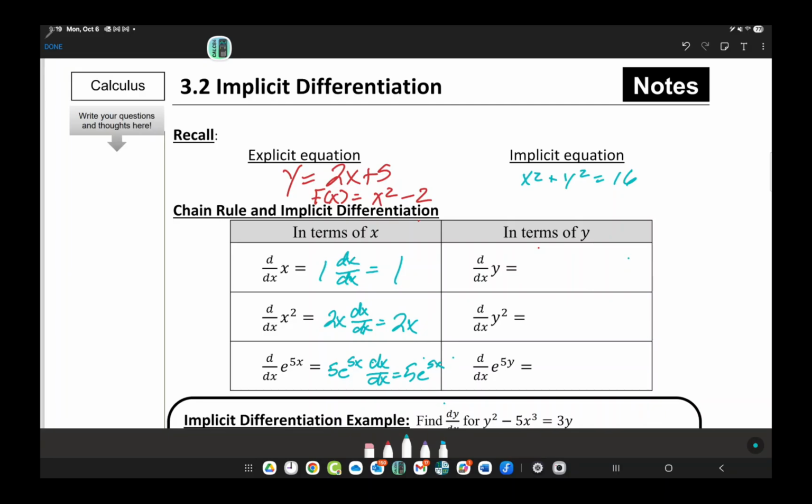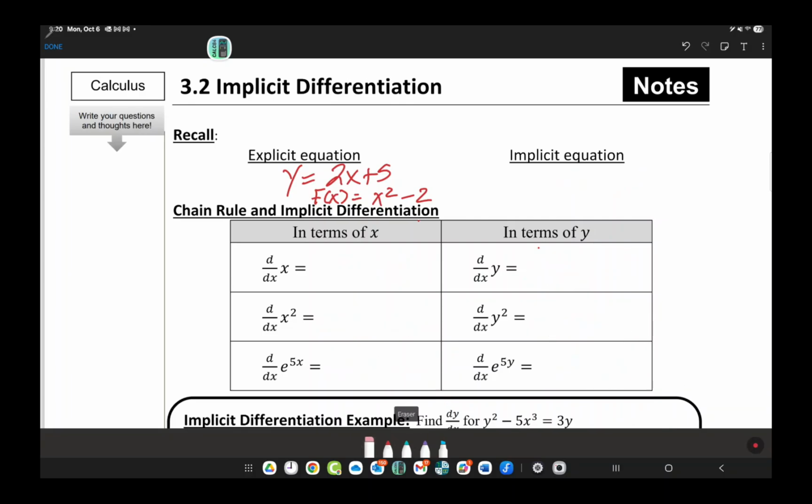So when we do the derivative of y according to x, this is going to become 1 dy over dx, and it stays. When you do the derivative of y squared, it becomes 2y dy over dx. Same down here: this is 5e to the 5y dy dx.